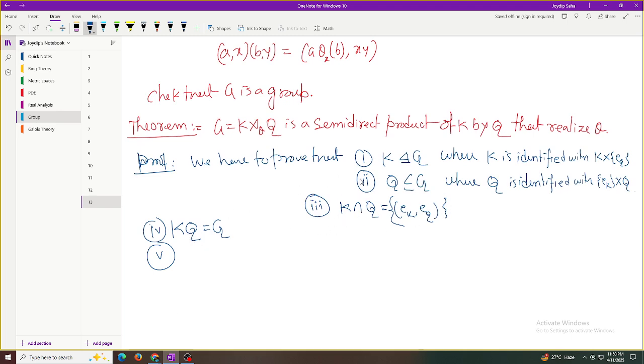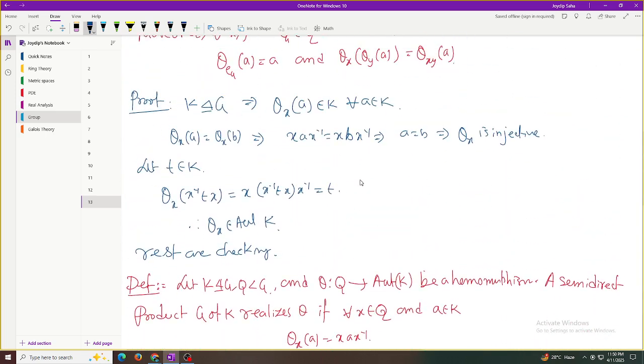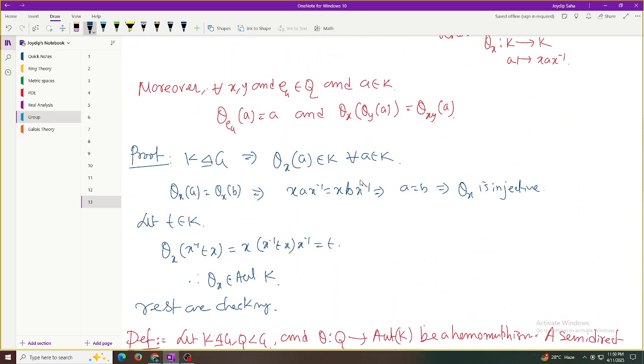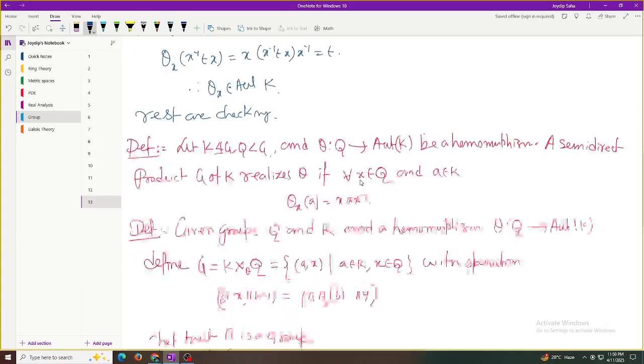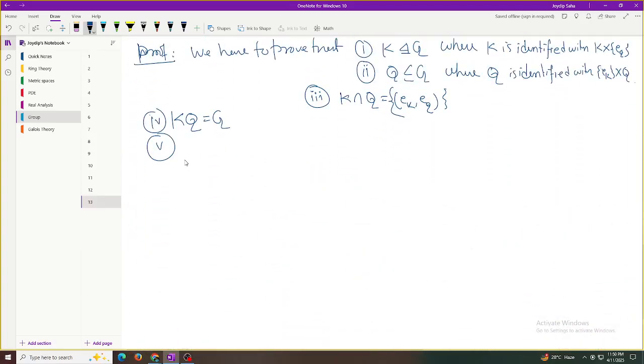Now theta is that realized theta, the semi-direct product realized theta.